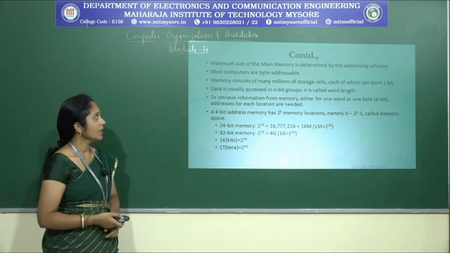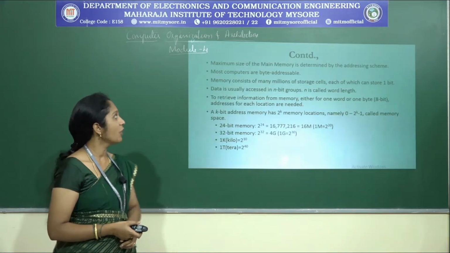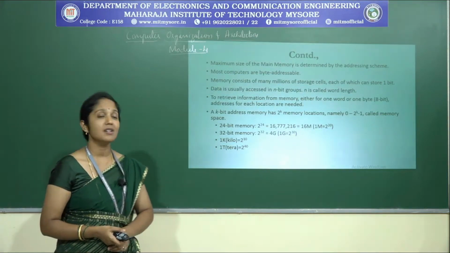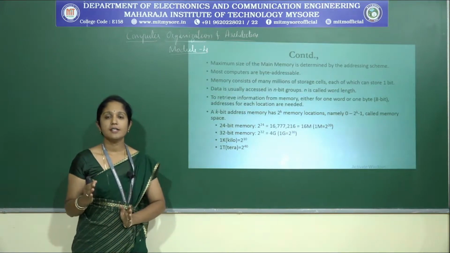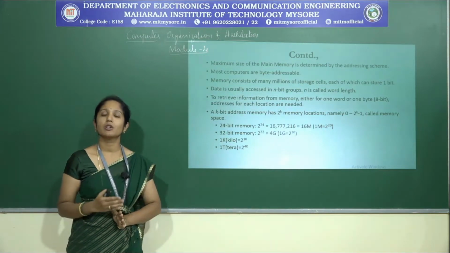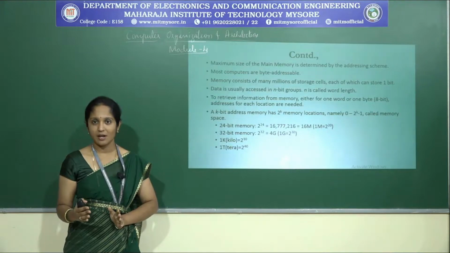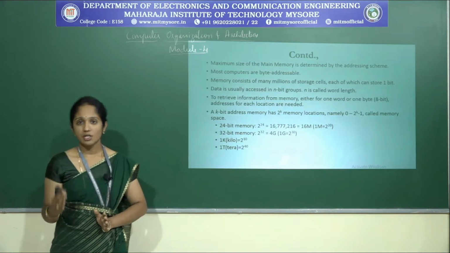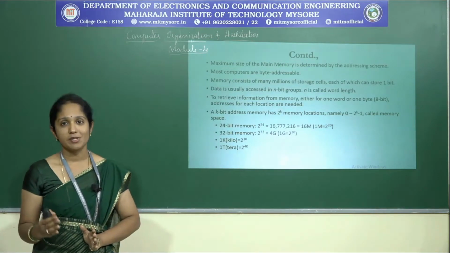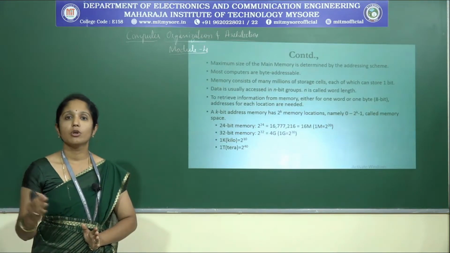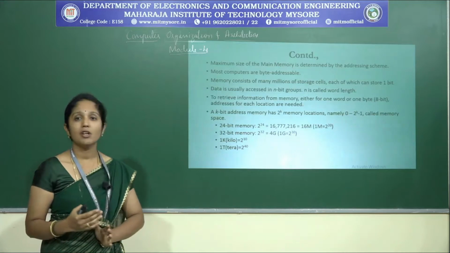Next, the maximum size of the main memory is determined by the addressing scheme. Depending on whether you are using 16 bits for representing the address, or 20 bits, or 32 bits for the address lines, the maximum size of the main memory varies.